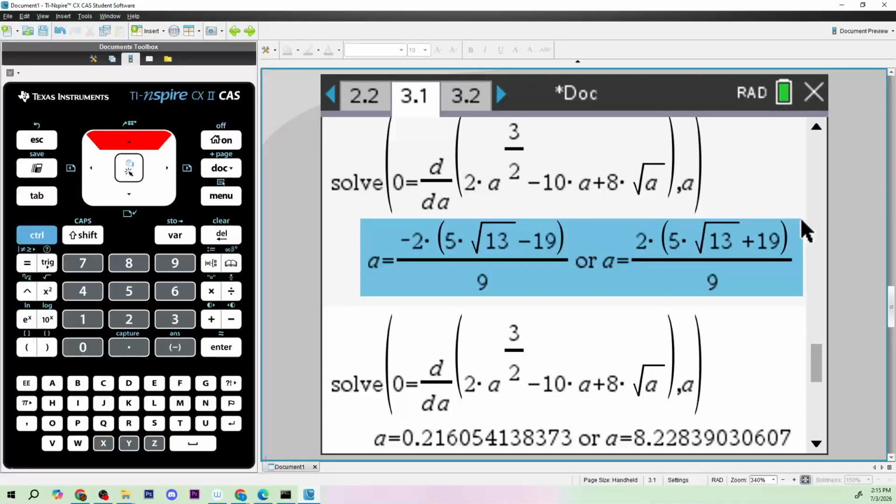So here we get A equals -2 brackets 5 root 13 take away 19 over 9. That's where the maximum area is going to occur.